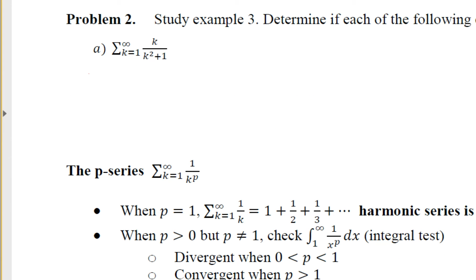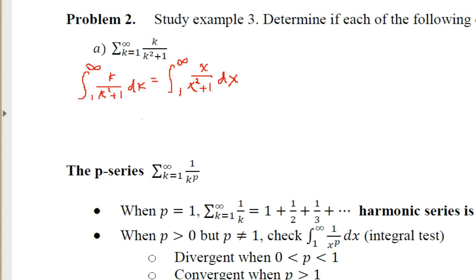To determine whether it diverges or converges, let's find the integral of this function, 1 over k squared plus 1 dk in this case. If you're not comfortable with k, you can just rewrite it as x, if you like, x over x squared plus 1 dx. Now we go back to chapter 7, right?